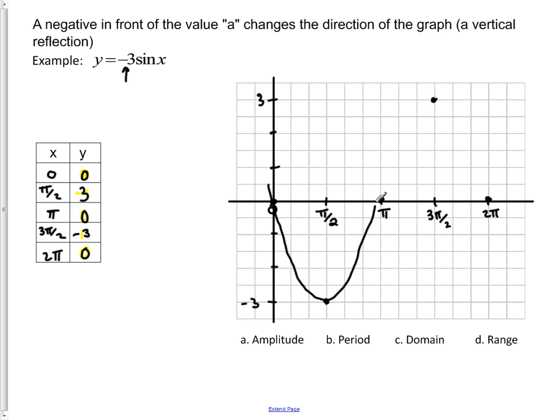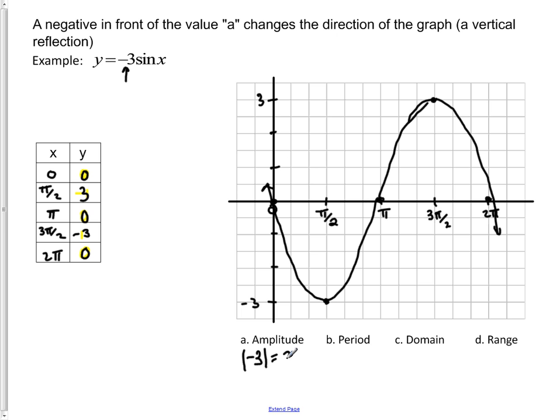Passing through each of these points, you'll notice that the direction it takes is different than what happened when we had our original sine function, in which the graph started by going in the upward direction instead of the downward direction. But all that negative sign changes is the direction. Our amplitude, we find by taking that -3 and taking its absolute value.